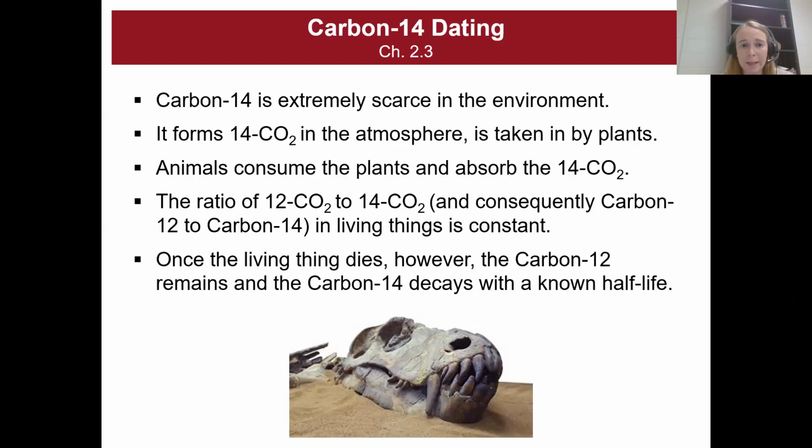But when they die, the carbon-12 remains because it has a really, really long half-life. The carbon-14 starts to decay with a known half-life, and we can look at the ratio of carbon-12 and carbon-14 in the living thing, monitor how it changes over time, and compare that to the half-life of carbon-14 to figure out how old a certain fossil, for example, is.